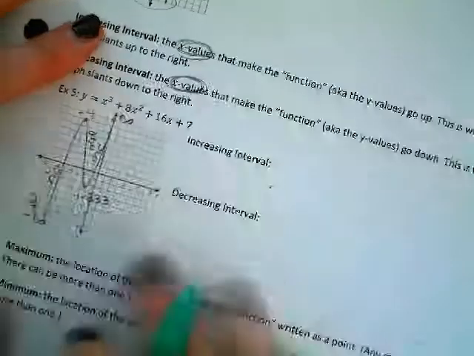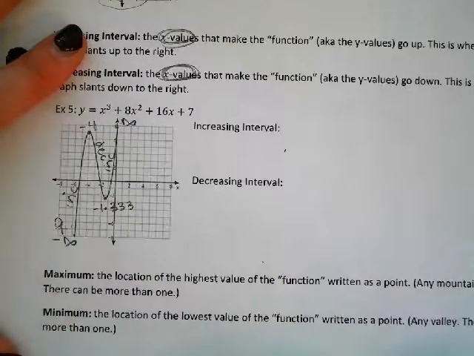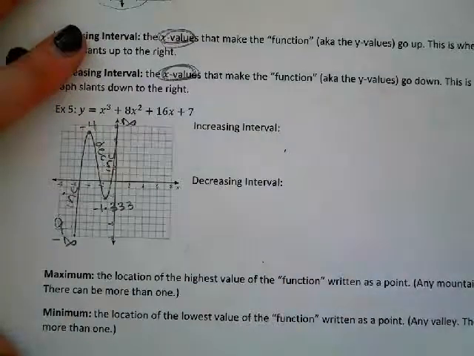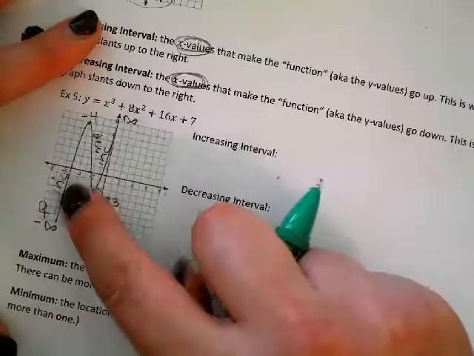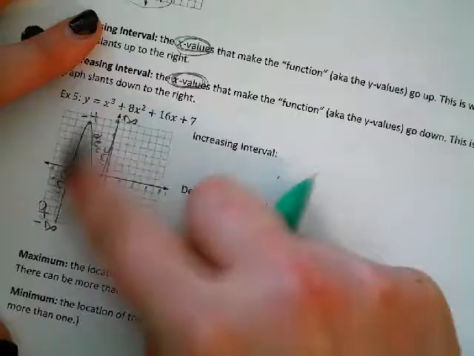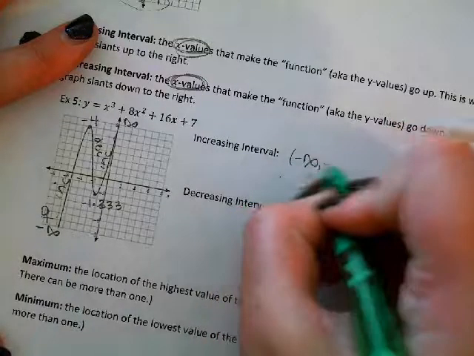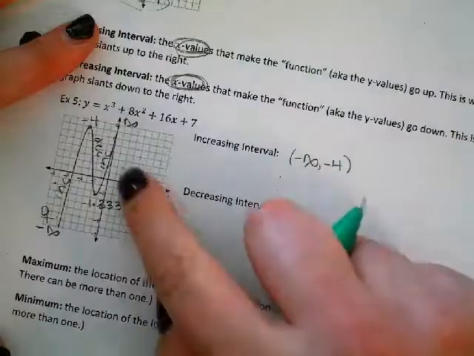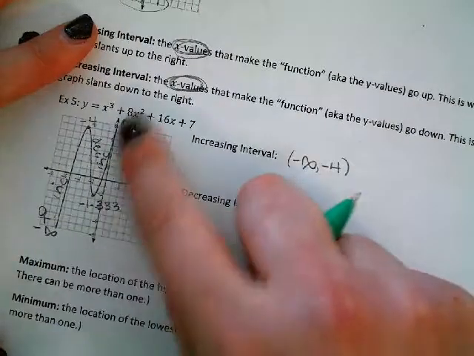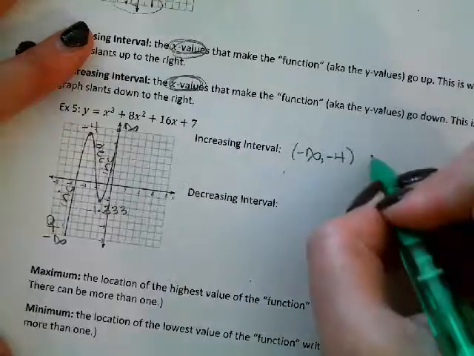So since I wrote the word increasing twice, that means I have 2 parts to my answer for increasing. So increasing is written in between negative infinity and -4, so that's my first portion of the answer. Negative infinity, -4. And then increasing is written in between -1.333 and infinity, so I'm going to write that as my other portion.